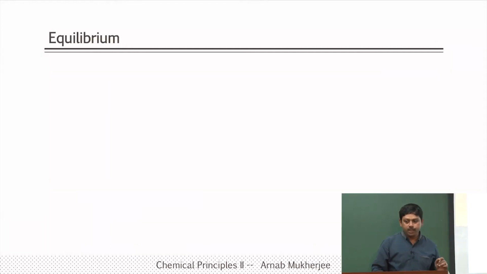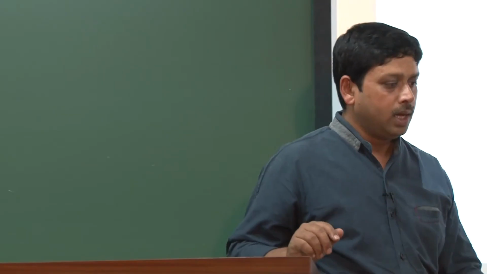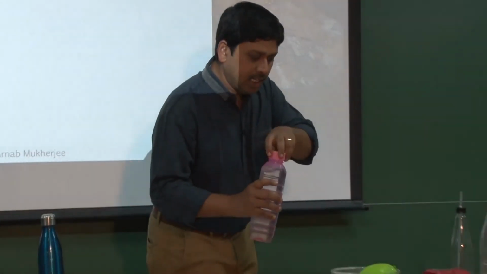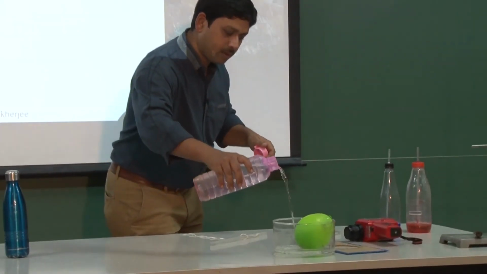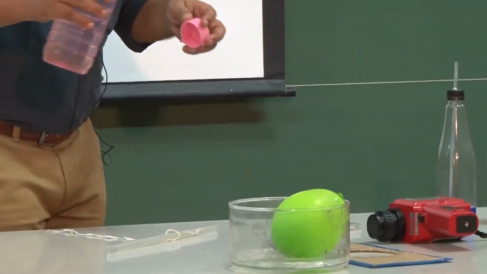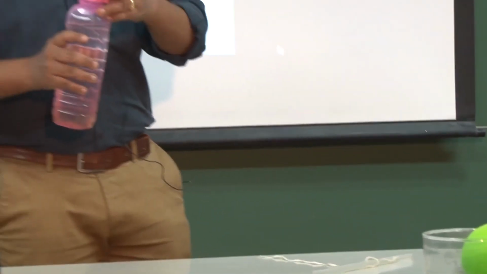Now, we discussed the description of variables in equilibrium. When I say 1 liter of water, I mean 1 liter of water at room temperature at equilibrium. For example, if I take this bottle of water and pour some water here, while pouring it the system is not in equilibrium.